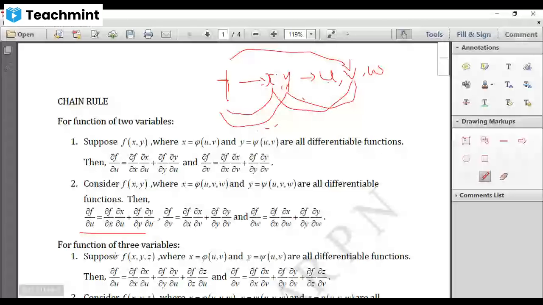That gives you the second one. Next, because there is another independent variable, dou f by dou w will come, that is dou f by dou x into dou x by dou w plus dou f by dou y into dou y by dou w. That gives you the last one. So this is how you have to differentiate depending on the number of independent variables.